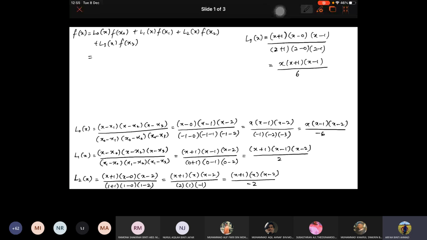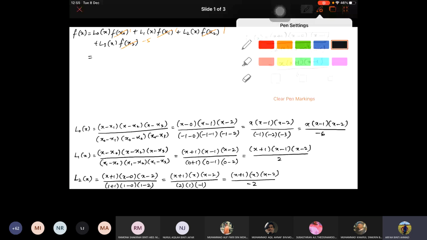So fx0 awak f of x0 is 1, yang ini daripada table. fx1 is 1. fx2 is 1. fx3 is negatif 5. So darabkan dengan semua perkali yang awak dapat dalam L0, L1 dan juga L2.